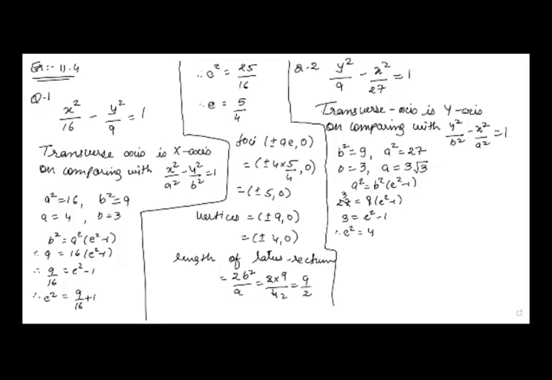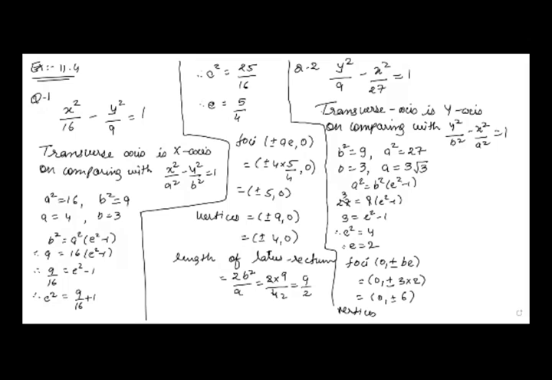Therefore, the value of e is 2. Right. Now, we got the value of e. We'll find the foci which is on 0 comma plus minus be. So the value of b is 3, the value of e is 2, and we get the value of foci as 0 comma plus minus 6.